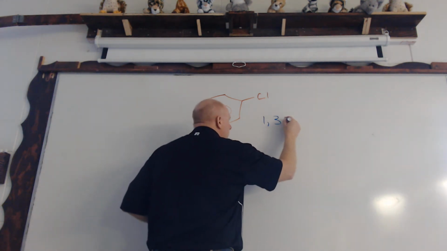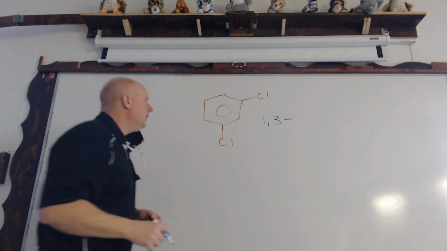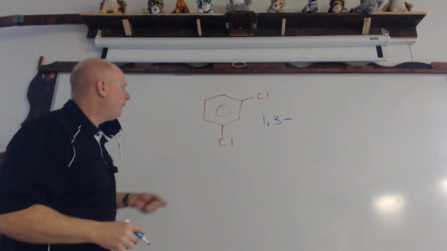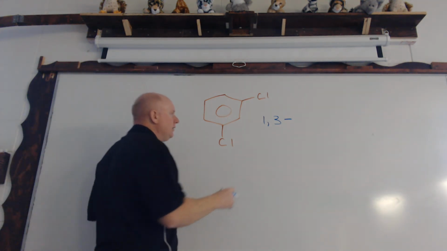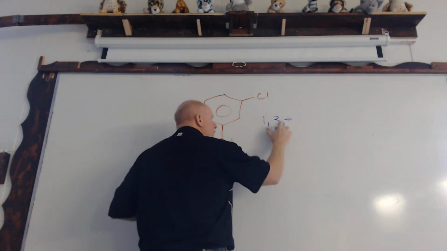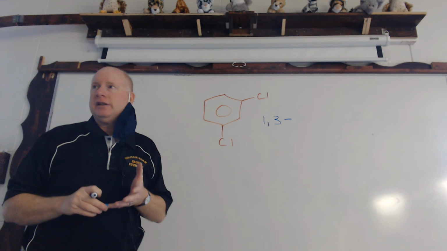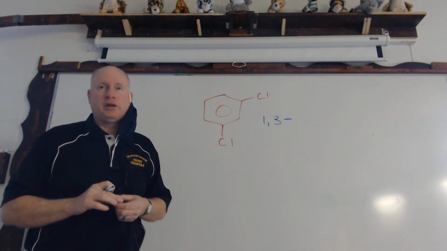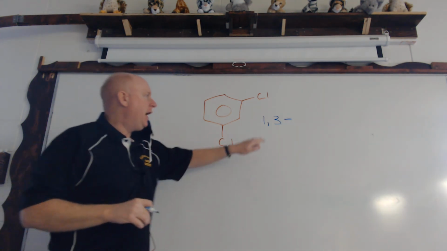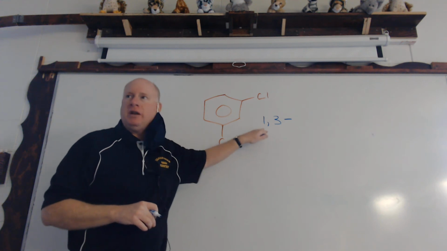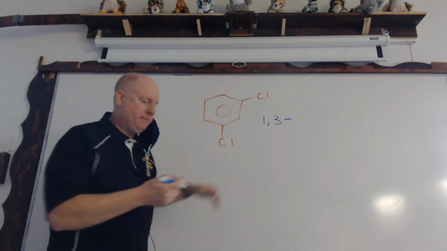And then dash, because dashes separate the numbers from the words. And these are referring to what type of derivatives. They're halogens, but it's chloro. But when you have two of them, there's a prefix we need to put there. Okay?